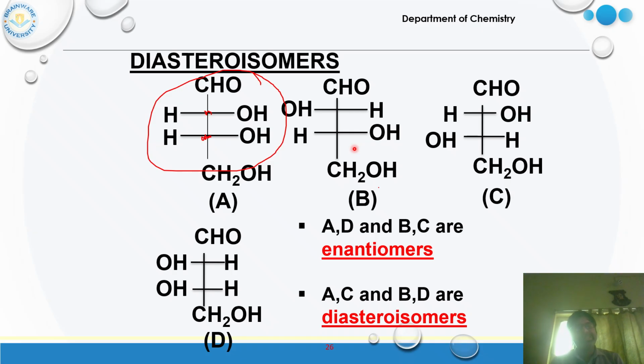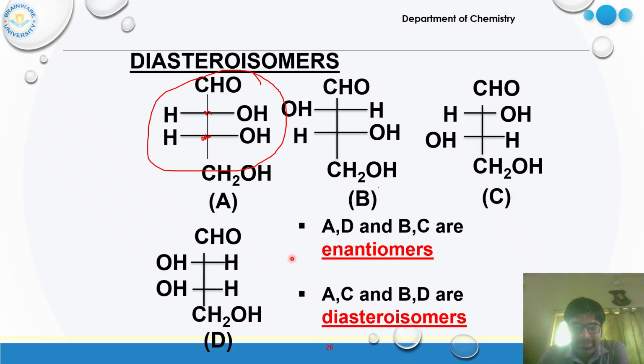So molecules which do not have a mirror image relationship are known as diastereoisomers. Similarly, look at B and D. For B, the first chiral carbon remains unchanged, but the second chiral carbon is interchanged.